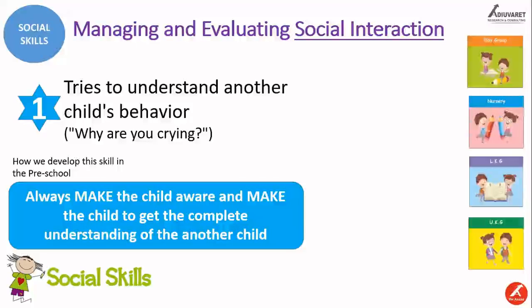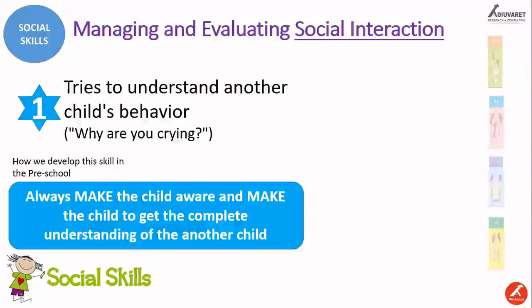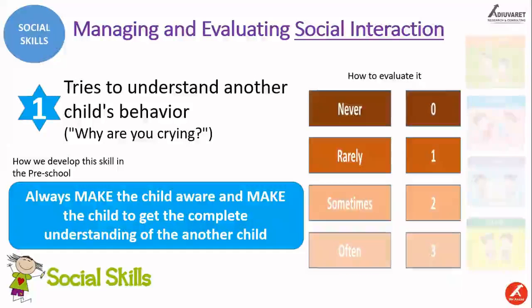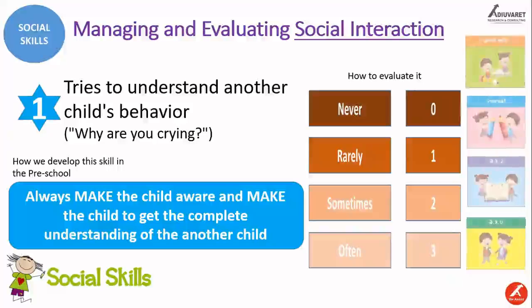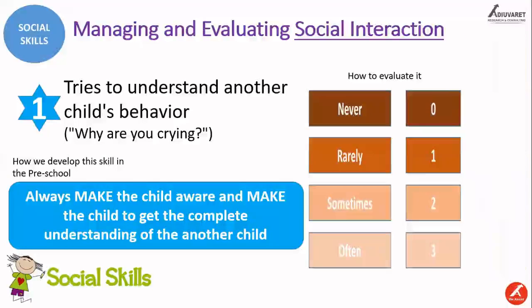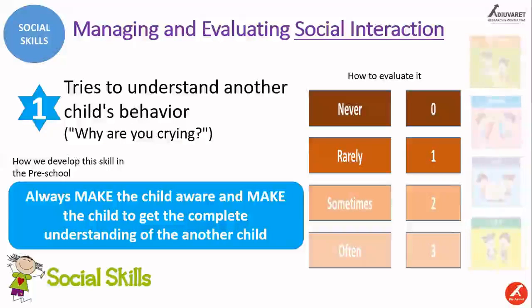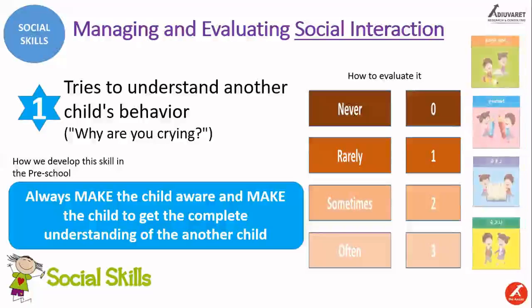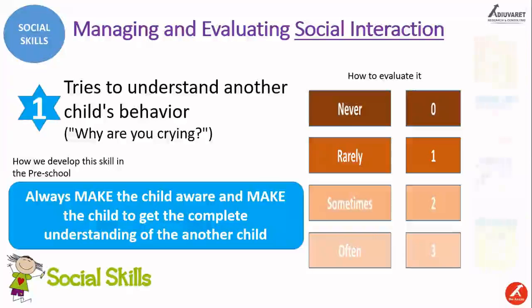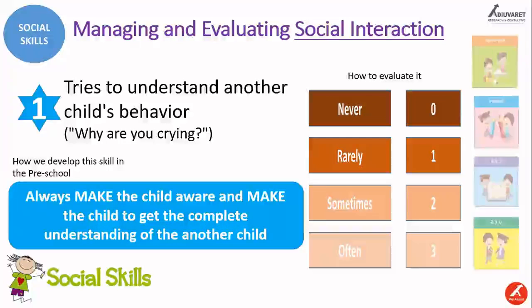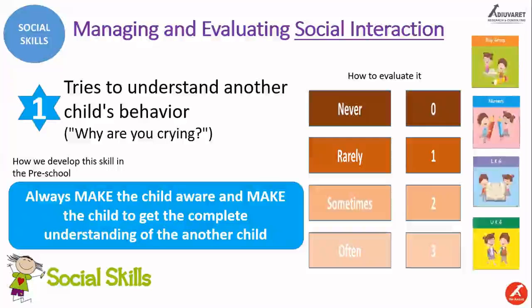So that's from the learning perspective, and from the evaluation perspective, these are 4 options that we can assign as the score while evaluating a child at any point of the class or the curriculum development progress in the school. If the child never understands others' behavior, we'll assign a score of 0.